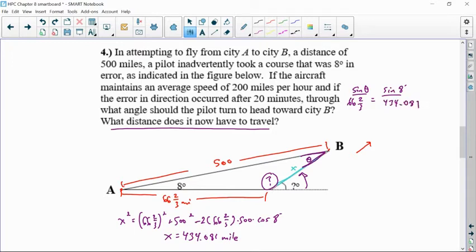So let's do that. Let's do sine of 8 times 66 2/3, then divide by 434.081, and we do inverse sine of our answer. And we get a very, very tiny angle of 1.223 degrees.